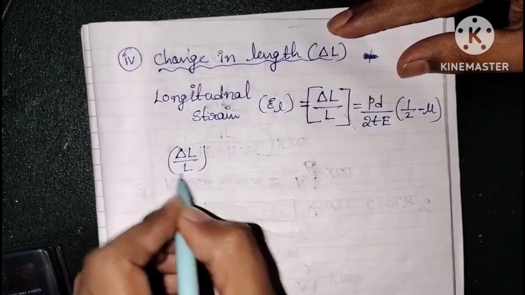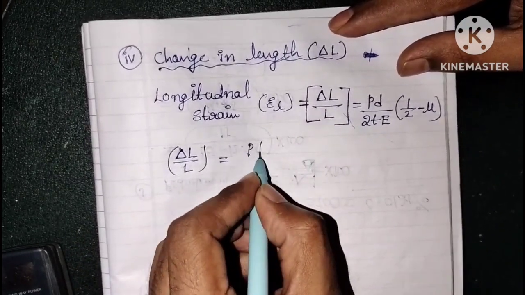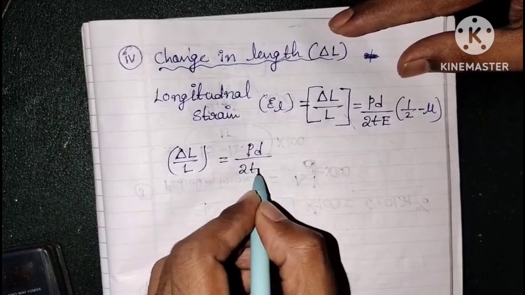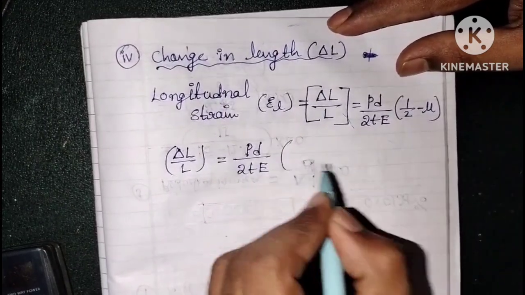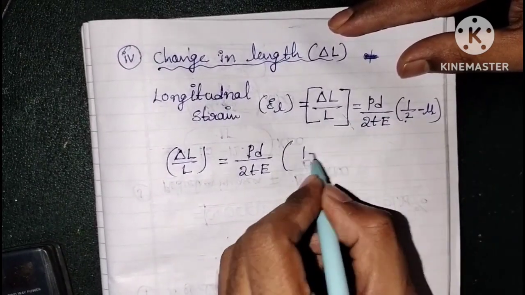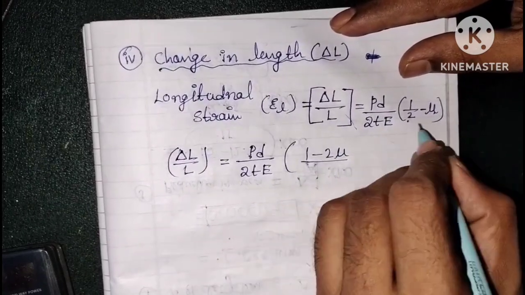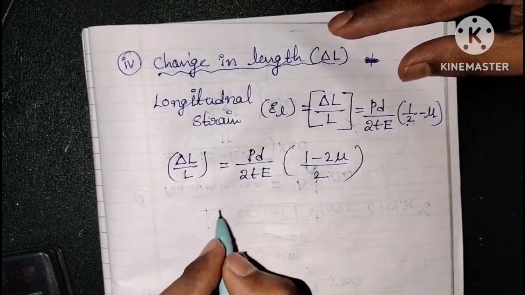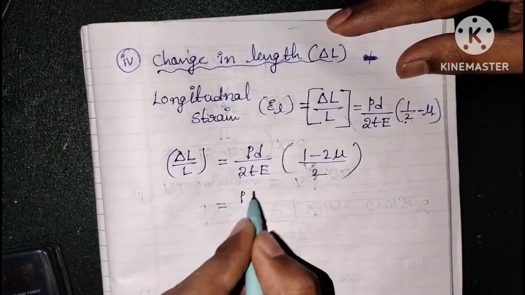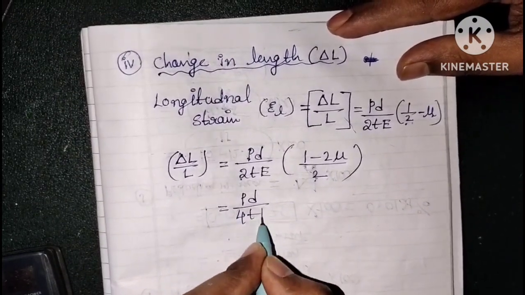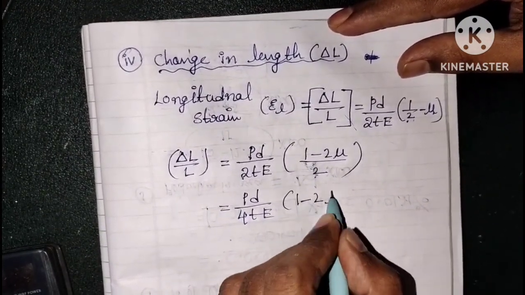Delta L by L is equal to PD by 2tE times (1 minus 2 mu) by 2, taking LCM 2. 2 into 2 is 4, so PD by 4tE into (1 minus 2 mu).